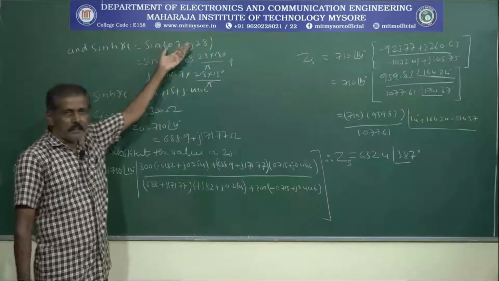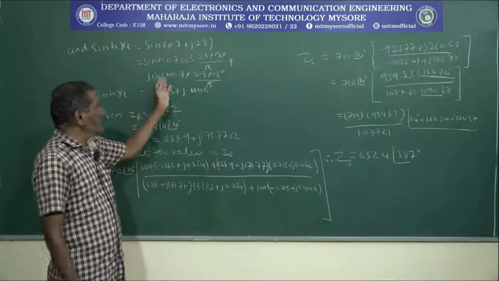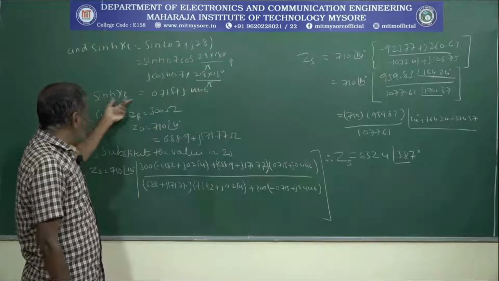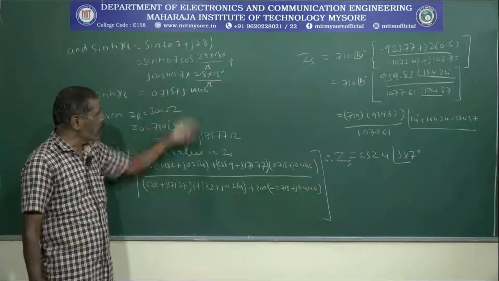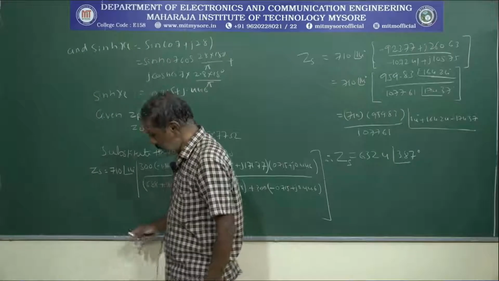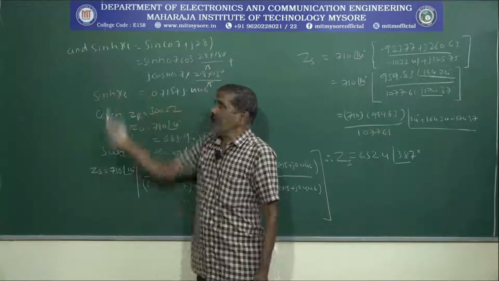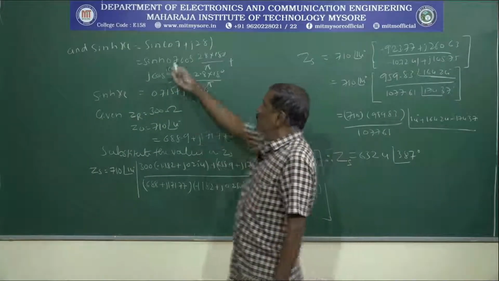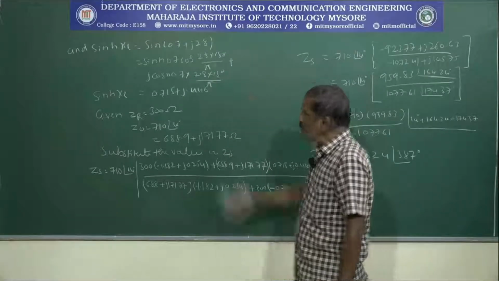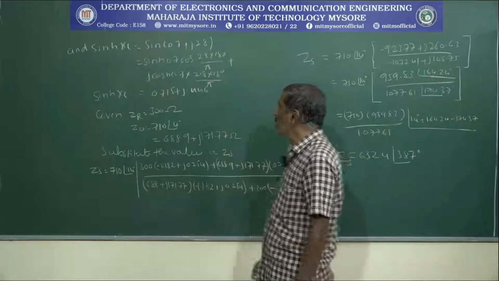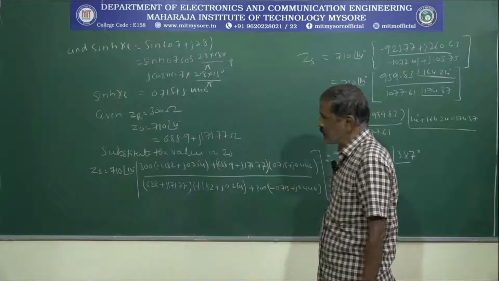Simplify this equation by writing it in the form of the sin of a plus b formulas, in sin and cos form. Substituting these values in the trigonometric identity forms, after simplification we get 0.715 plus j0.446.